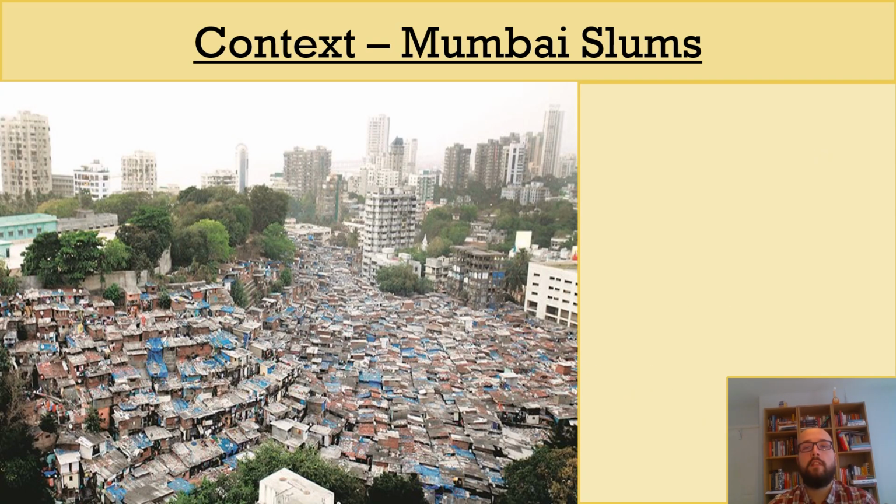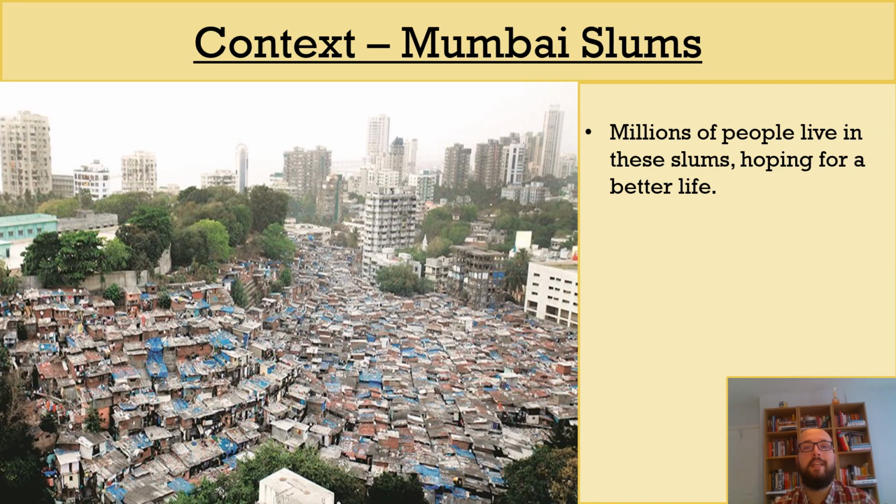And now for some context about the poem's content, the Mumbai slums. Dharker has explained that this poem is about the slums of Mumbai, which is a city in India that is formerly known as Bombay. Millions of people from all across India move to the Mumbai slums, hoping for a better life.